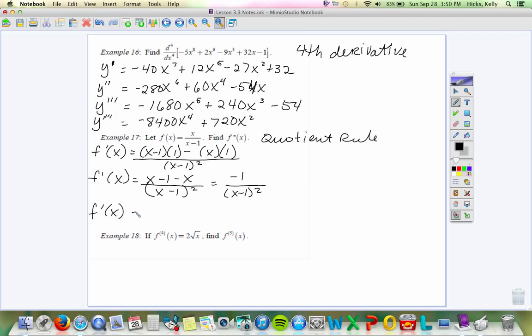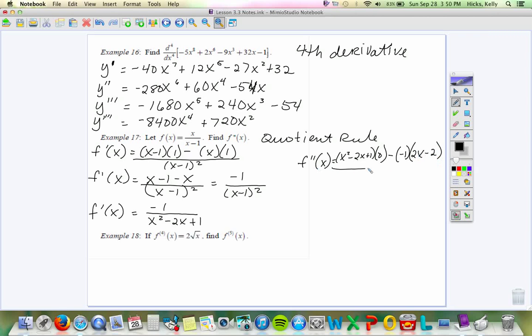And before I can do my quotient rule again, I just need to multiply all this out. So f prime of x, my first derivative, is negative 1 over x squared minus 2x plus 1. I just FOILed that out. Okay, so now let's do our second derivative. The second derivative is again a quotient rule, and it's going to be low d high. Well, the derivative of the top is 0. It's going to make all that go away.